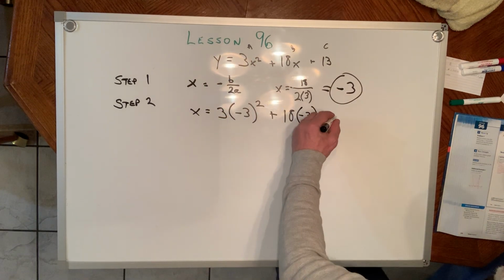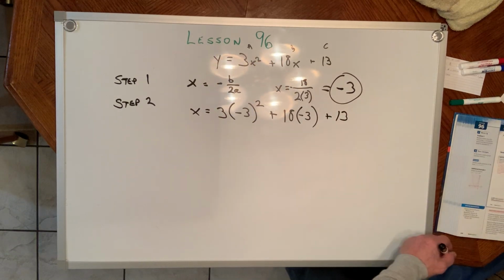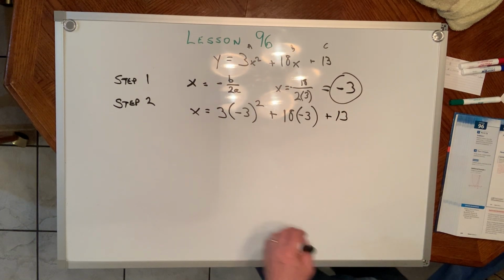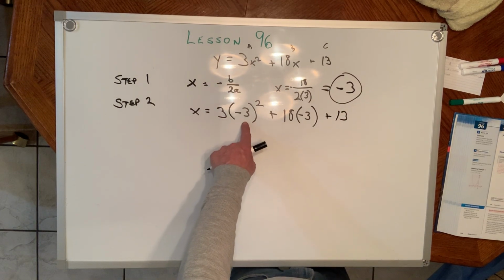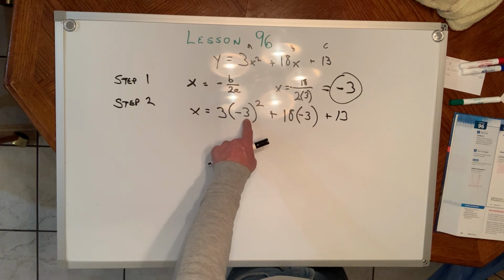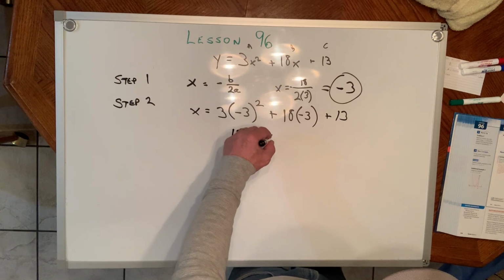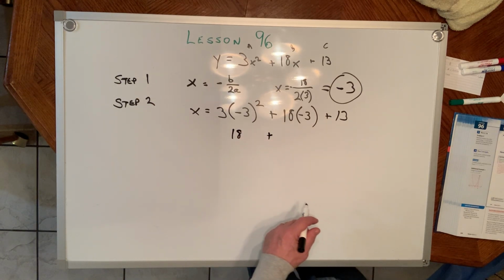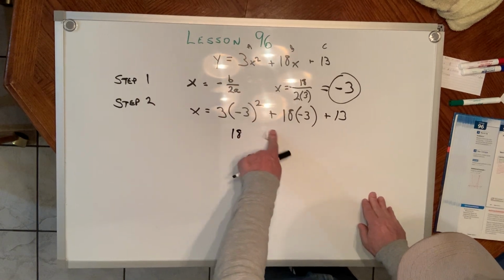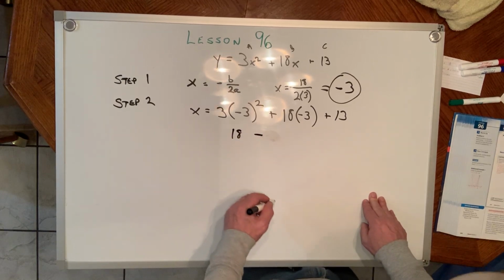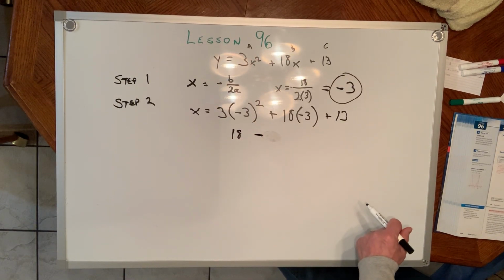we add 13, and if you do all this properly, you get negative 3 squared is 9. 9 times 3 is 18. 18 times negative 3, that's going to be a minus there, huh? Oh, golly, what's that going to come out to there?